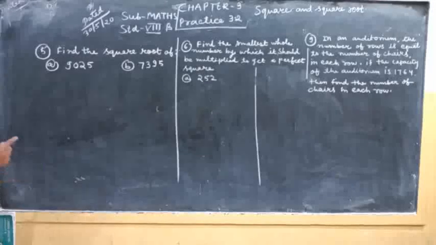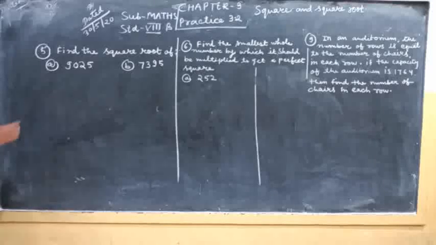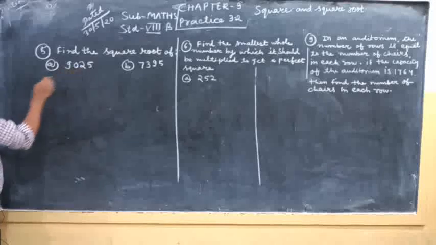The method of solving question number 3 and questions 4 and 5 is the same. So we just take some questions of question number 5. A number 9025.